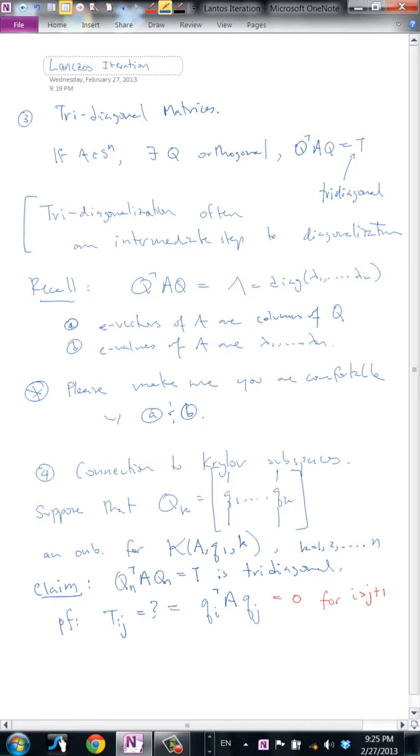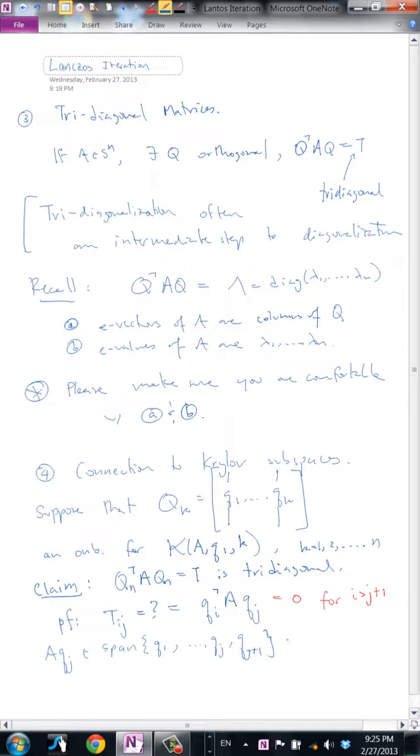Well, we know that A Qj is in the span of Q1 all the way up to Qj plus 1, exactly because of the Krylov property.